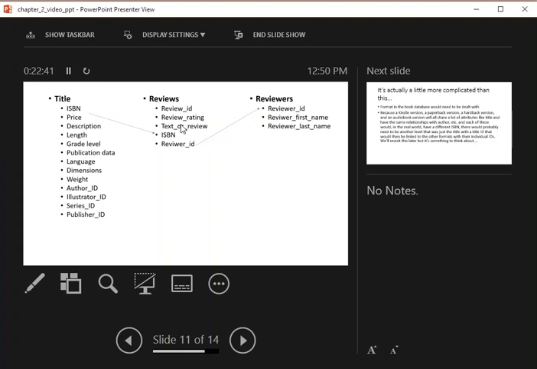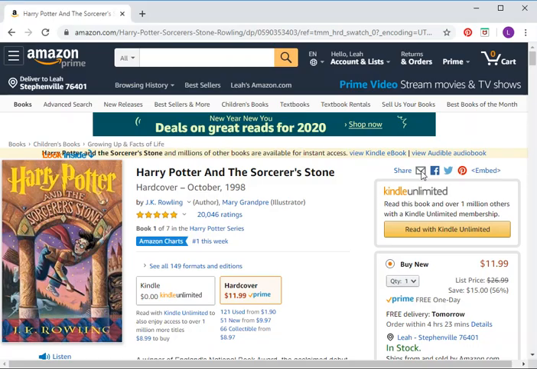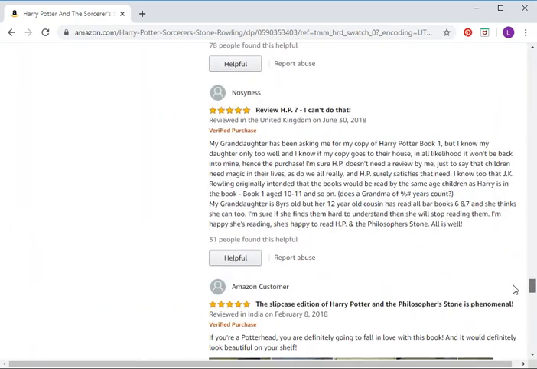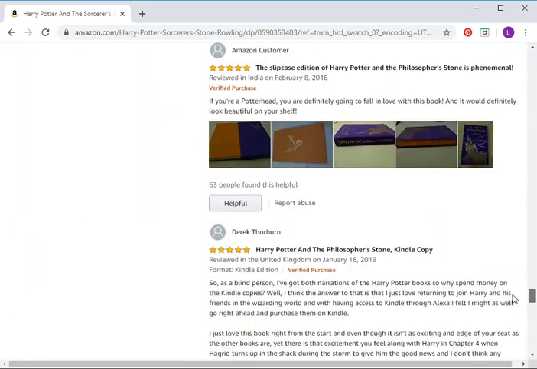At the same time, on that matching ISBN, go into the reviewer table and grab the reviewer information that is linked to those. And that's what's going to allow us to look at all of these reviews.